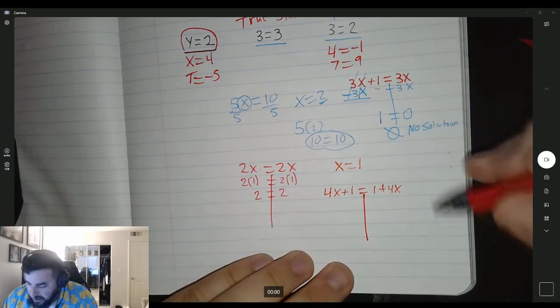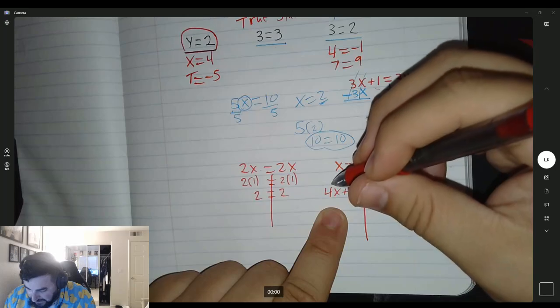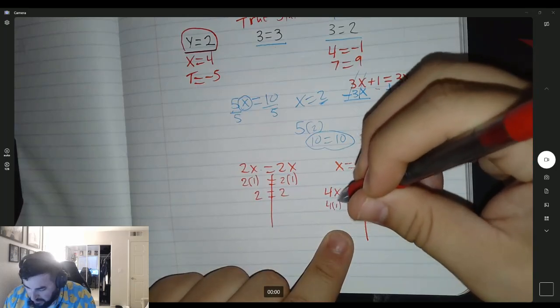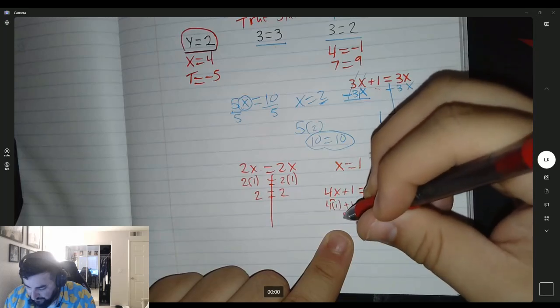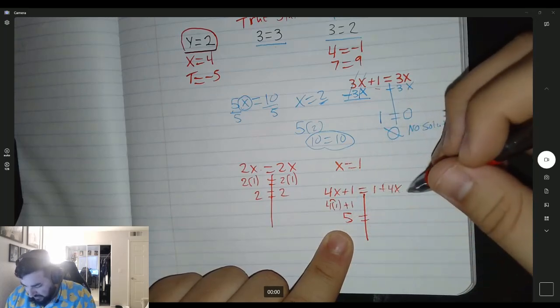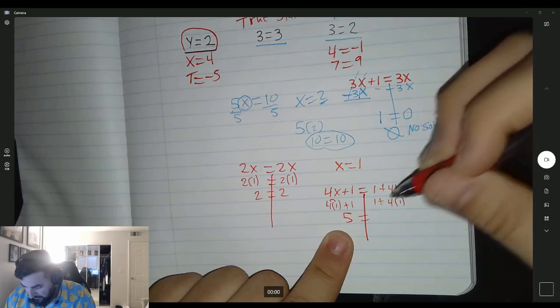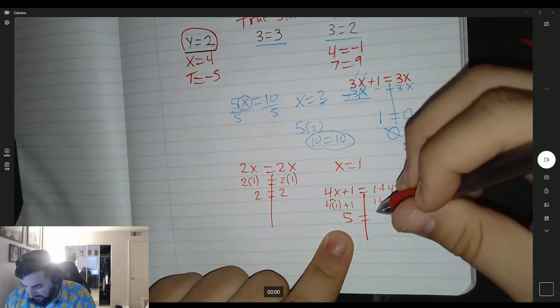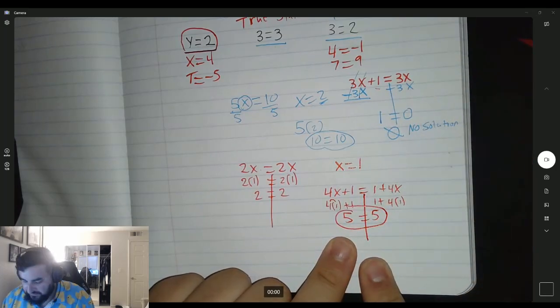Let's say x was 1 again. Let's plug in 1 for both. So 4 times 1 is 4, plus 1 is 5. Do the same over here: 1 plus 4 times 1, which is 4, plus 1 is 5. Whoa, we got a true statement again, because 5 is equal to 5.